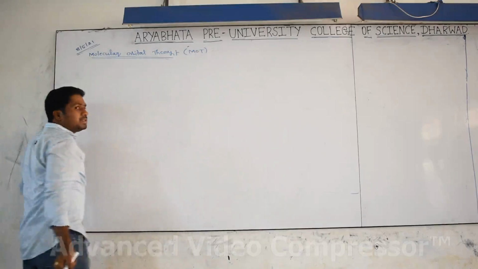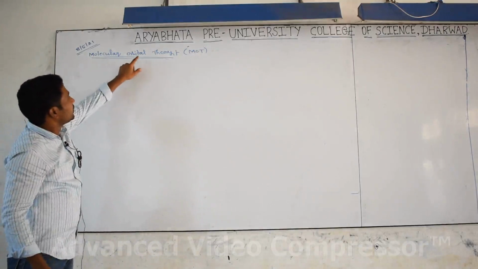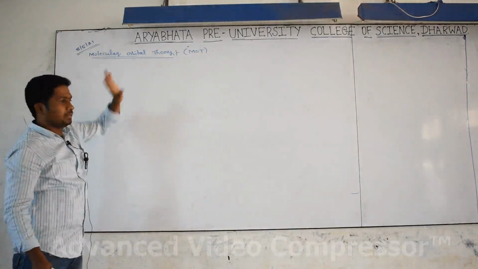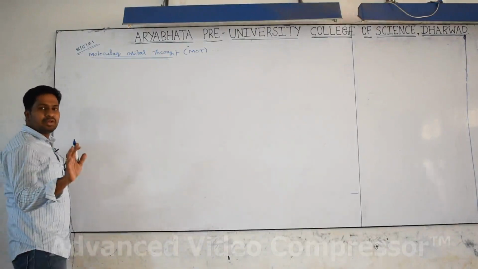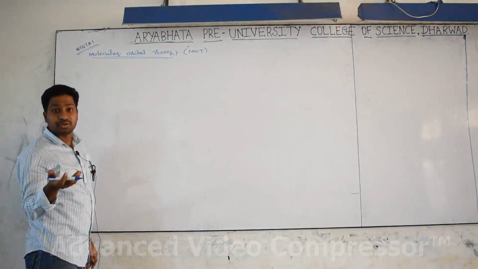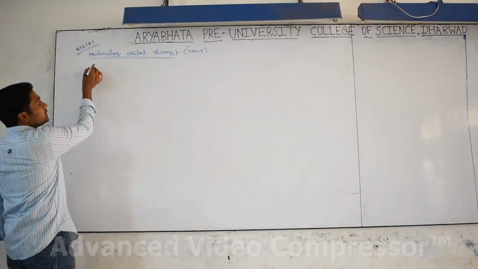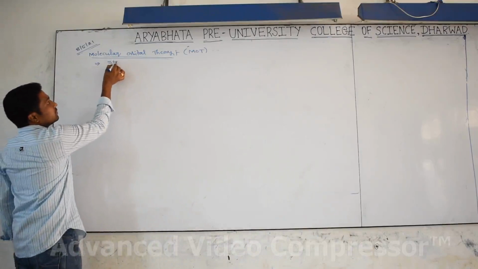In NEET and CET examinations, a question from this is guaranteed. So what is this theory, sir? What is the use of this one? It does not explain how chemical bonds form or how shapes or angles change. It mainly explains the stability of the molecules.